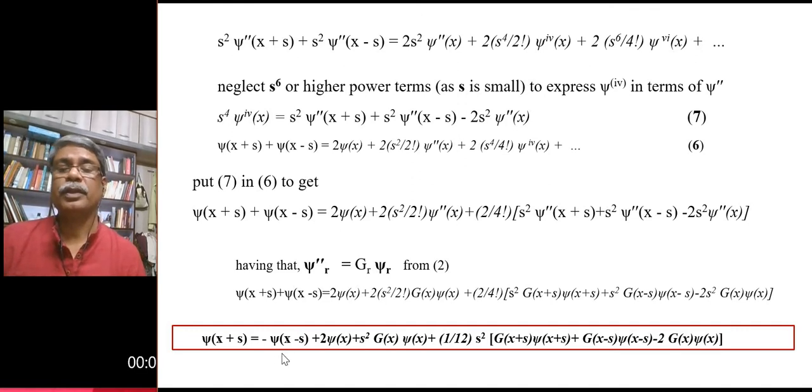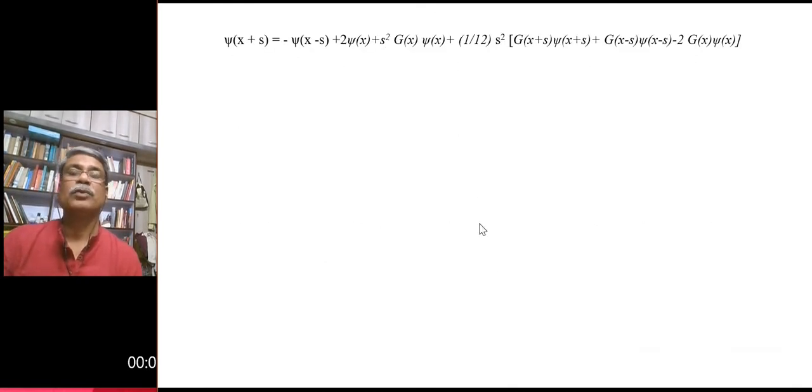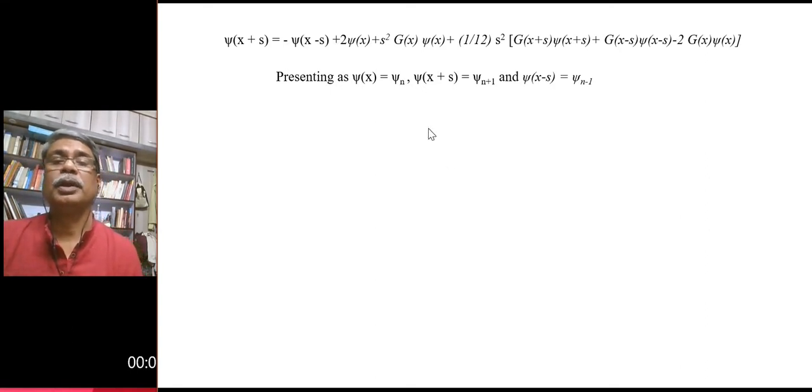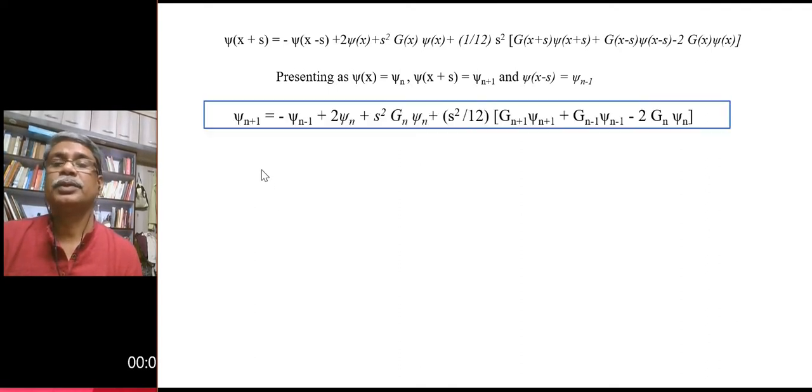So finally, in the box, I get on my left psi(x plus s), and on my right psi(x minus s) and psi(x). And of course, psi(x plus s) is also here on the right hand side, but okay, let us see what we can do with psi(x plus s) on both sides. So I am writing it again on this page, and in our computational terms, if I replace psi(x) as psi_n, that is the nth point, and so on, then the same equation looks like this.